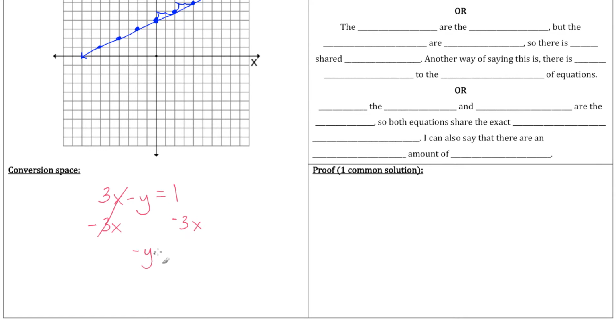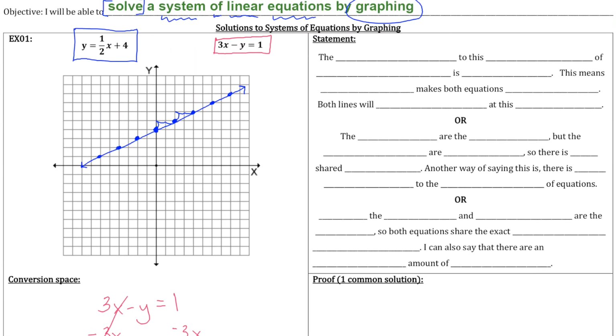I get negative y equals negative 3x plus, that's positive 1. And then I'm going to divide by negative 1. Y equals, so a negative divided by a negative is a positive. A positive divided by a negative is a negative. So y equals 3x minus 1. So I'm going to write that up here, y equals 3x minus 1.